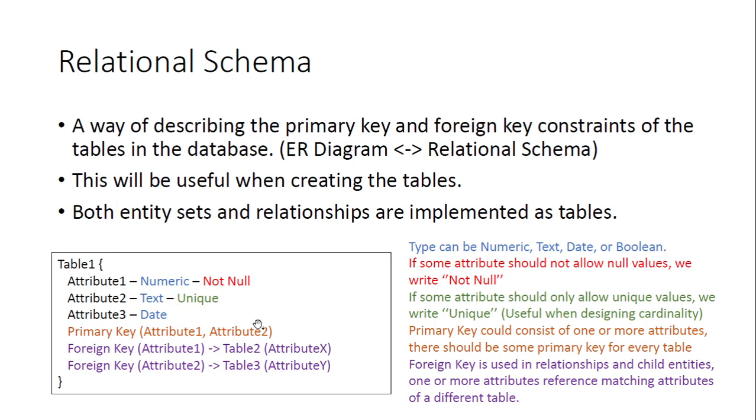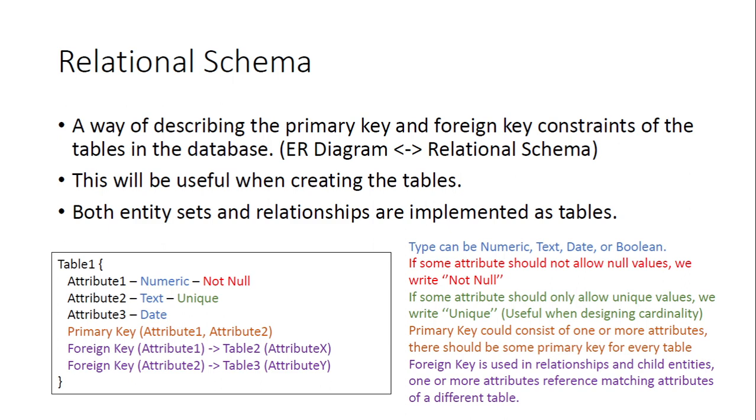For some attributes other than the primary key, we might have unique constraints as well. We will see it in more detail in a minute, but we use it mostly to design cardinality, because cardinality is about how many of the entities could match with how many of the other entity.